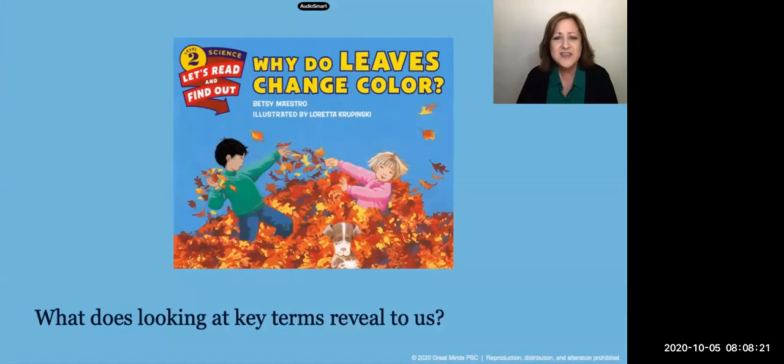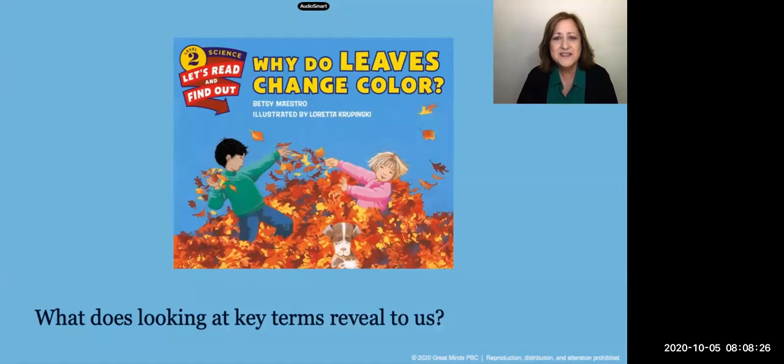Scientists, historians, engineers, and mathematicians use very precise vocabulary to communicate to each other. We're going to learn a little bit more about that today, and we're going to explore some pretty powerful words in the science community. Are you ready, scientists? What does looking at key terms reveal to us?